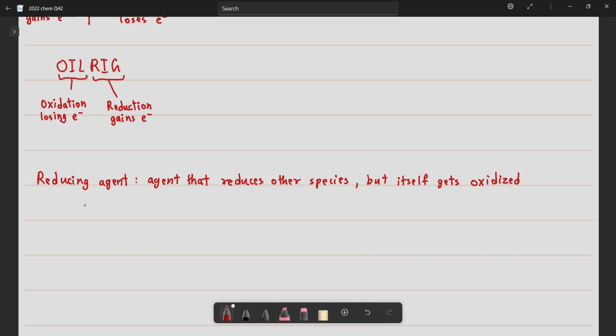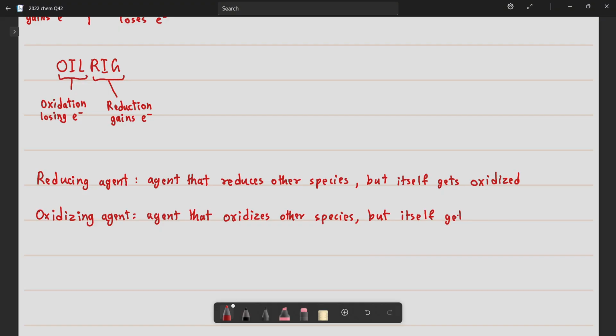Now, the oxidizing agent. An oxidizing agent is an agent that oxidizes other species but itself gets reduced.